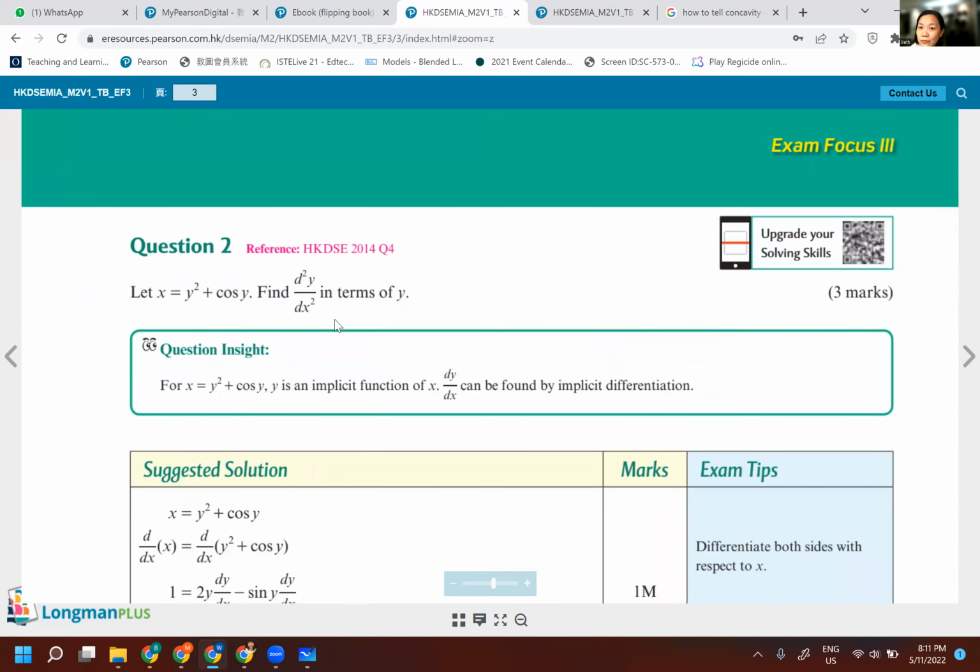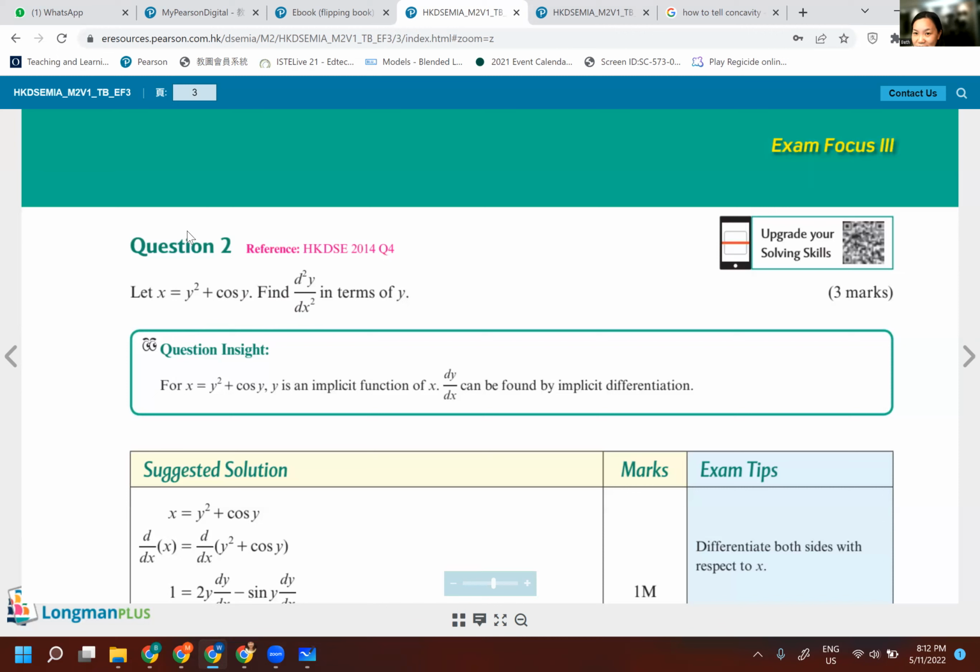The second one is a new type of question. I don't think we ever talk about this one, because if you read it, you can see the function given is an implicit function. We have learned implicit differentiation, but this question is new because I am doing the second derivative on the implicit function.